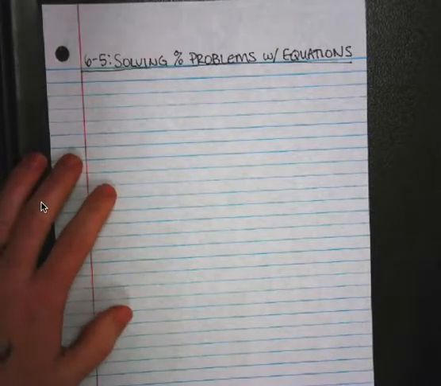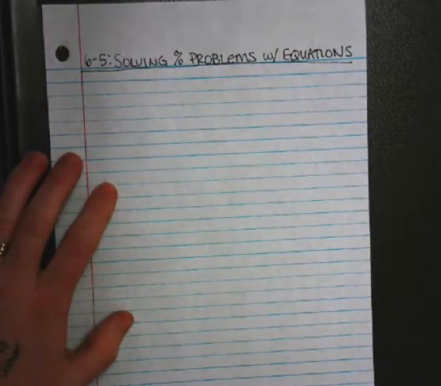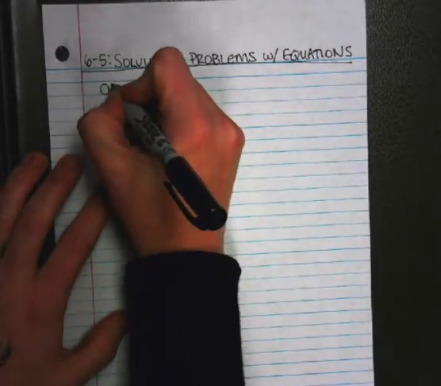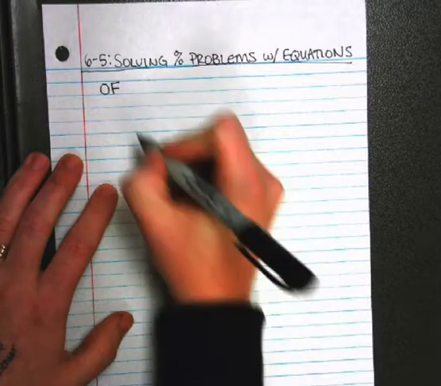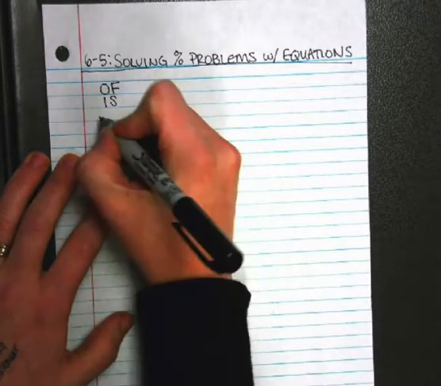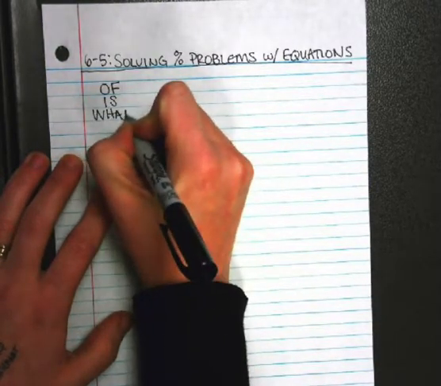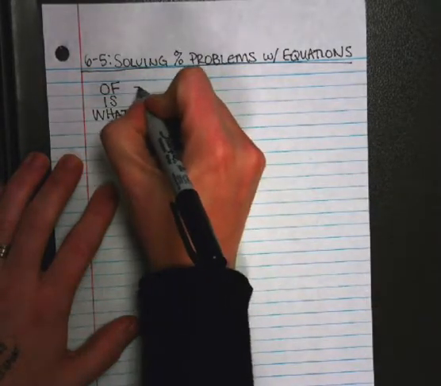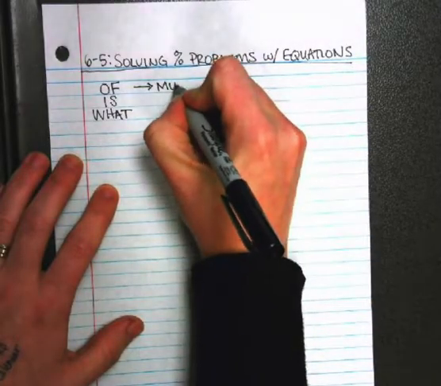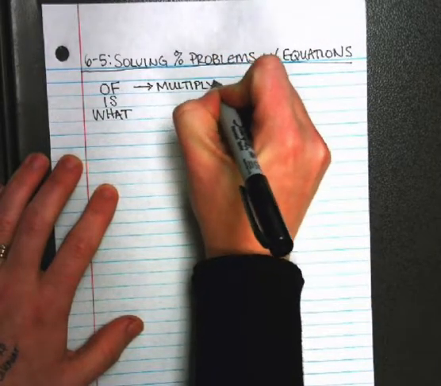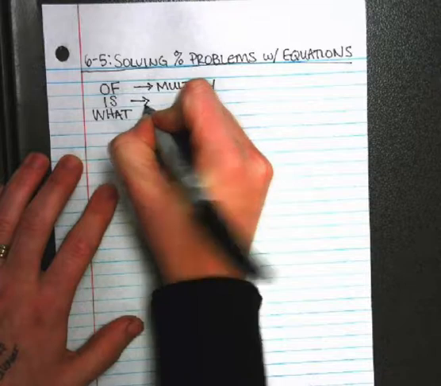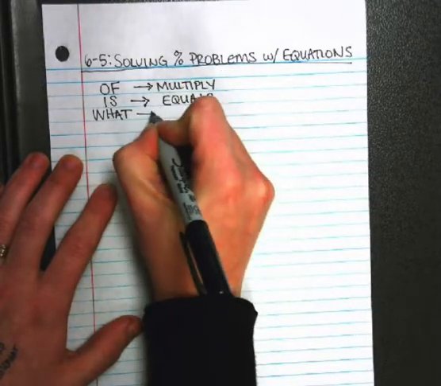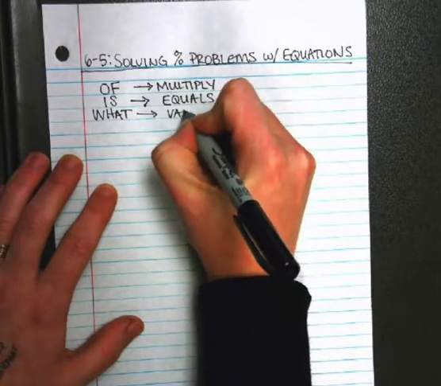A couple extra words that are really important for this equation solving are of, is, and what. So these are the three words that you want to watch out for. When you see of, that means multiply. When you see is, that means equals, and what, that's our unknown, so that's going to be our variable.